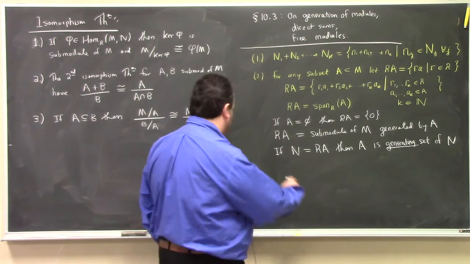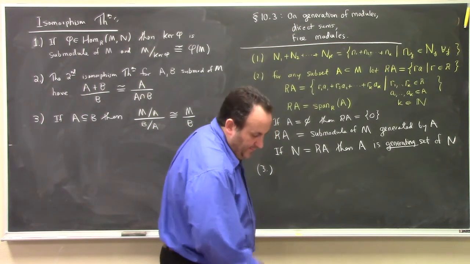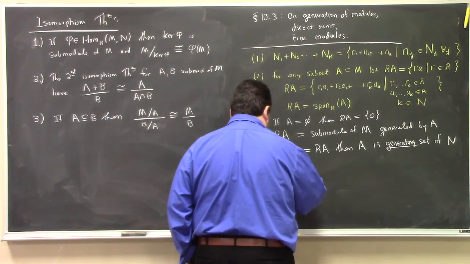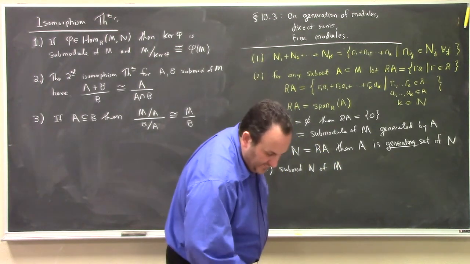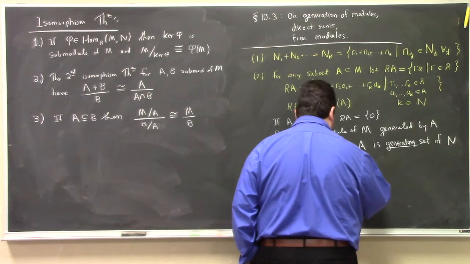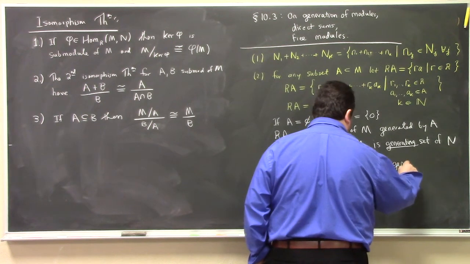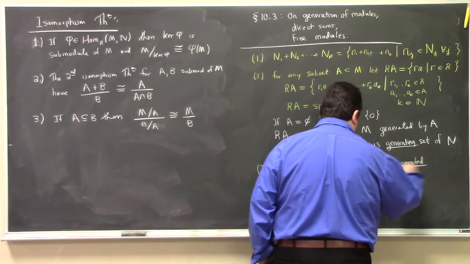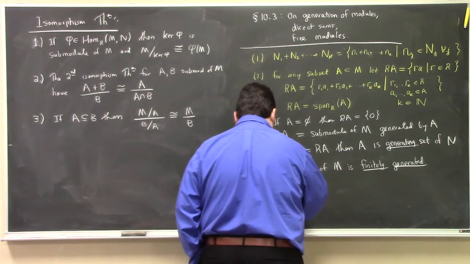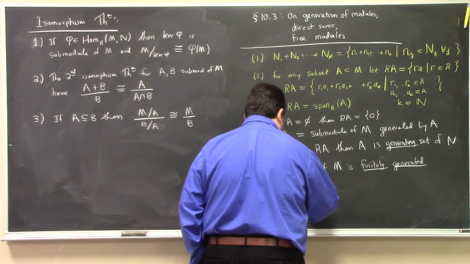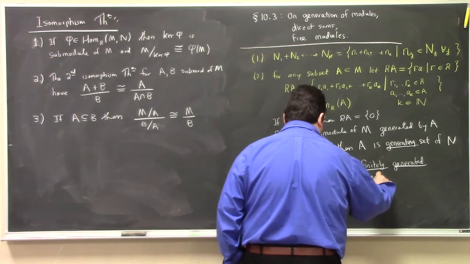Three, a submodule N of M is finitely generated if there exists a finite set A such that N is equal to RA.